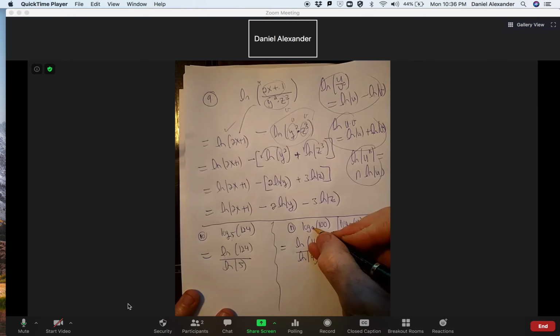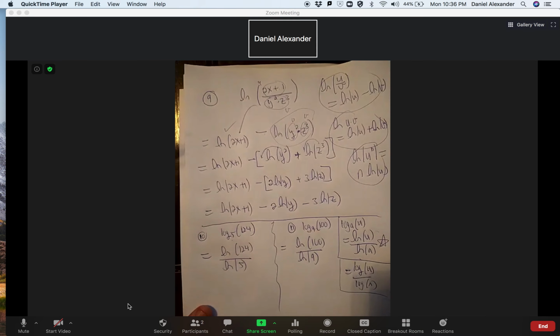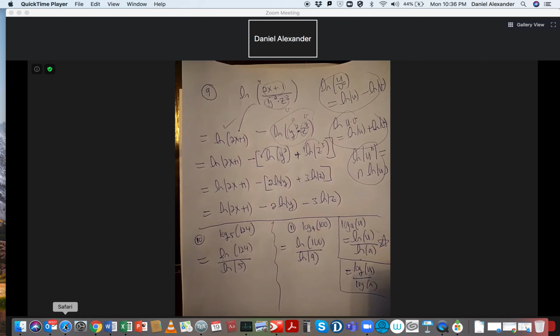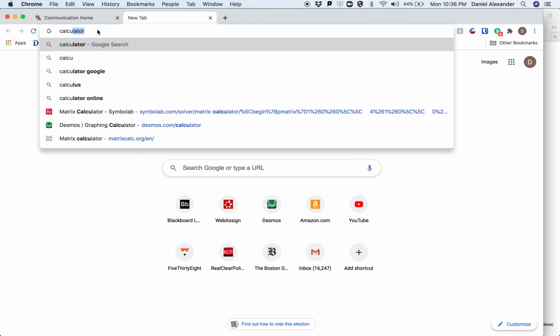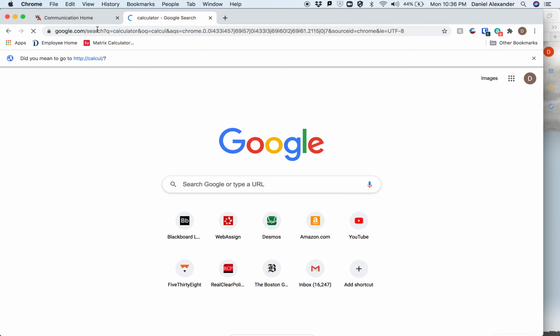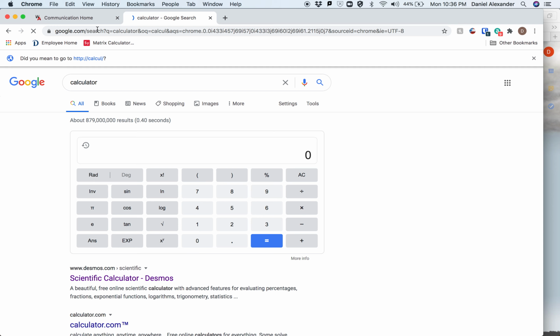That's my base of 9. And again, I could have done it the other way. I want to go here to the calculator. And I'm just going to do each of these right here.